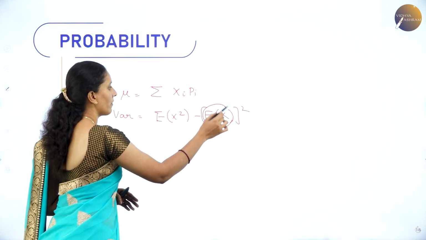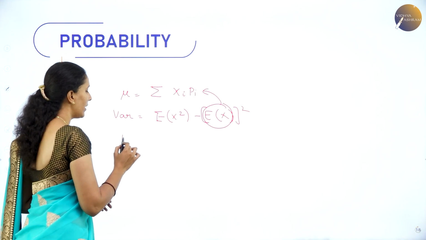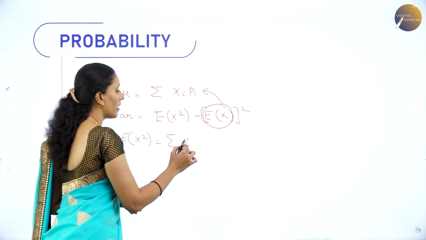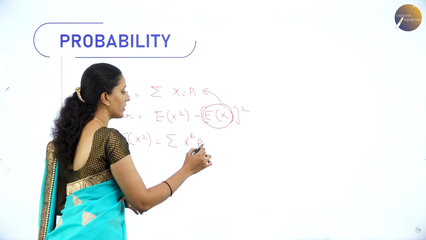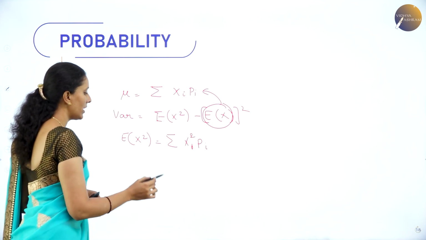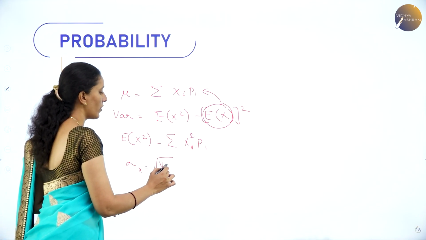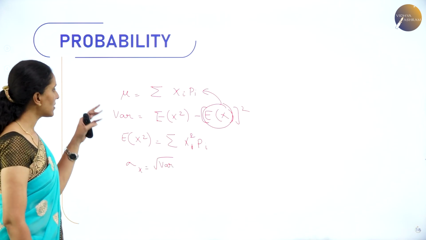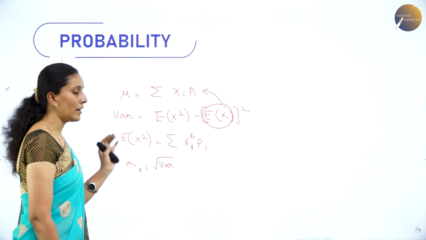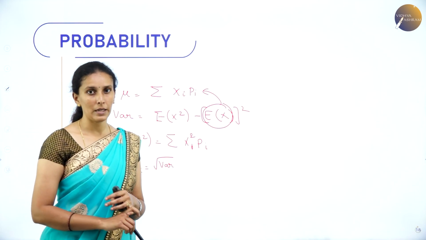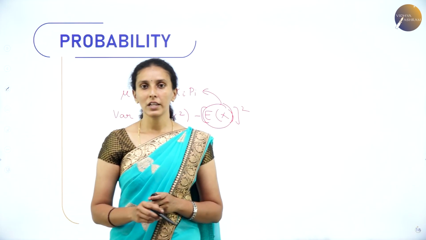Here E of x is nothing but your mu, and E of x square is the summation of the product of x square with respect to its probability. Standard deviation is the square root of its variance. So this is the mean, variance and standard deviation of a given probability distribution of a random variable x.